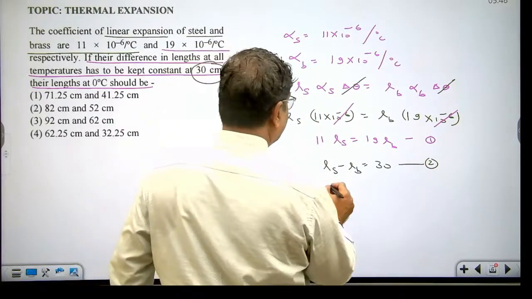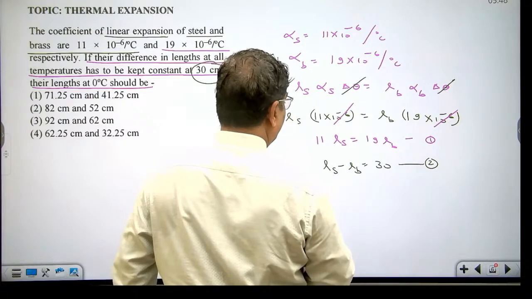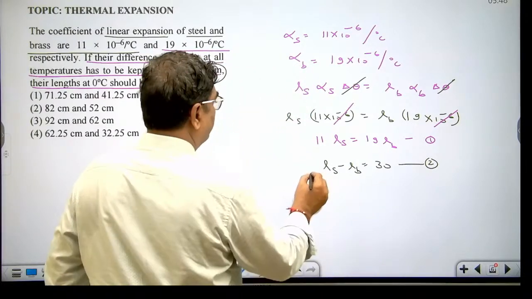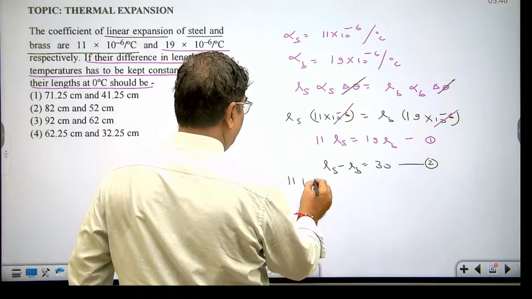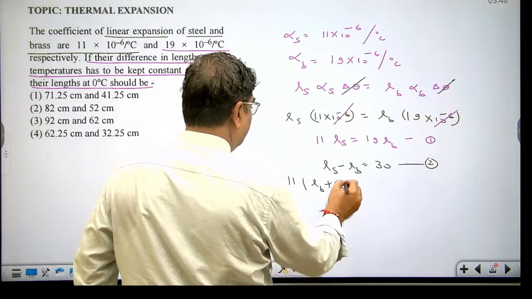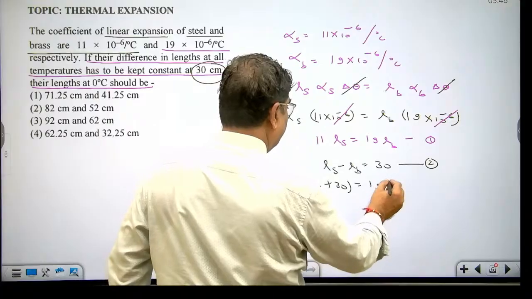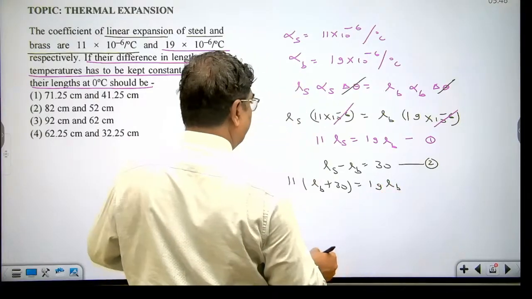Now we can solve this equation and find the result. So LS equal to what? LB plus 30. So 11 into (LB plus 30) equal to 19 LB.